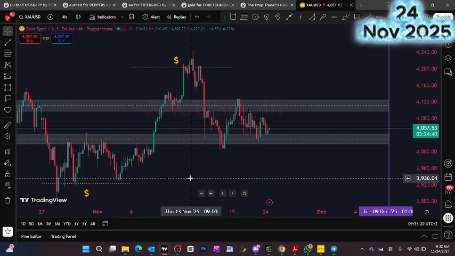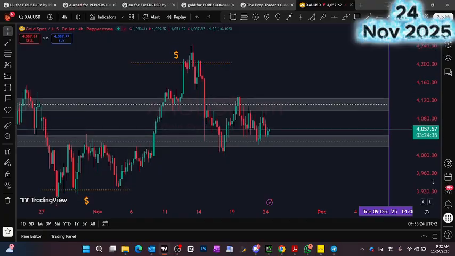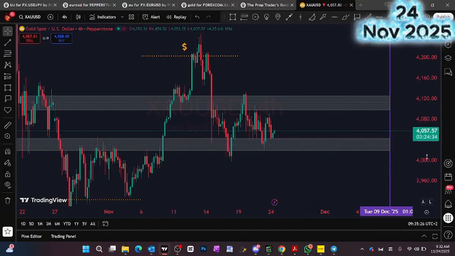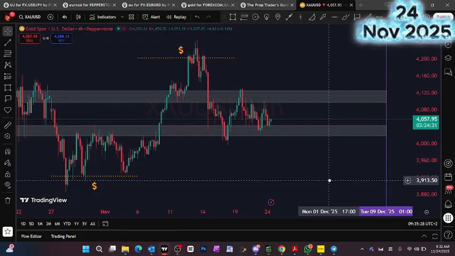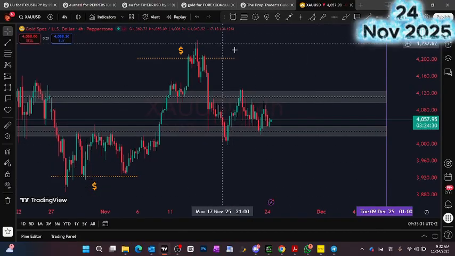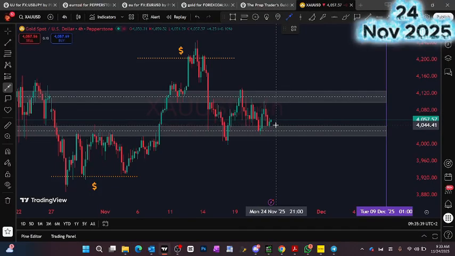So with price being in a range, it gives us two scenarios.